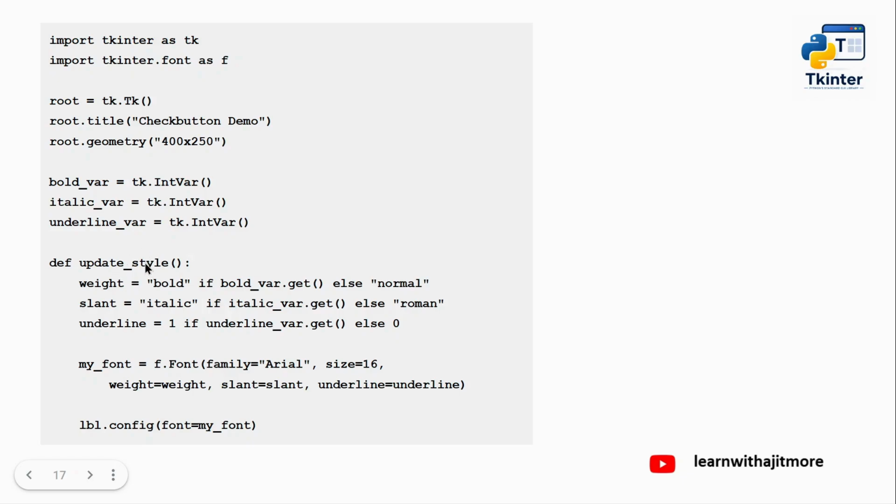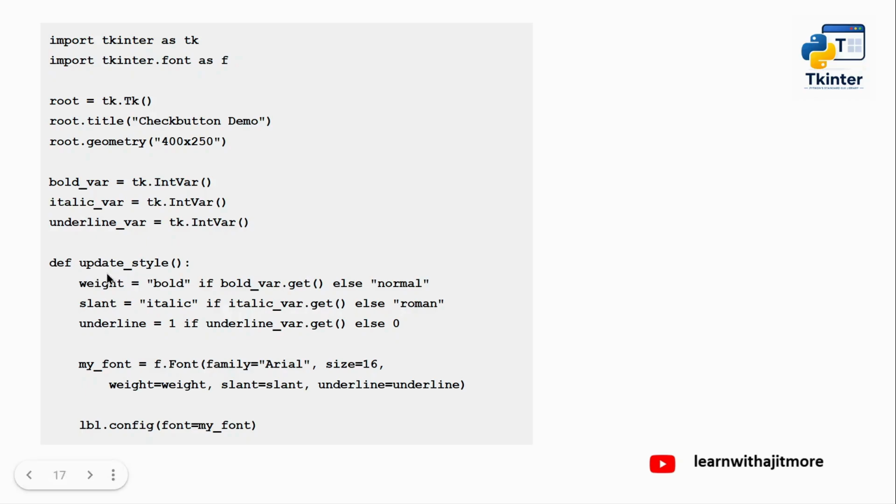Now, what this function is doing, it is checking what value is there in these three variables. Depending on what value is there, we are deciding the weight. Weight means whether to make it bold or normal. Slant, whether to make it italic or normal. And underline, whether to make it underline or not underline.